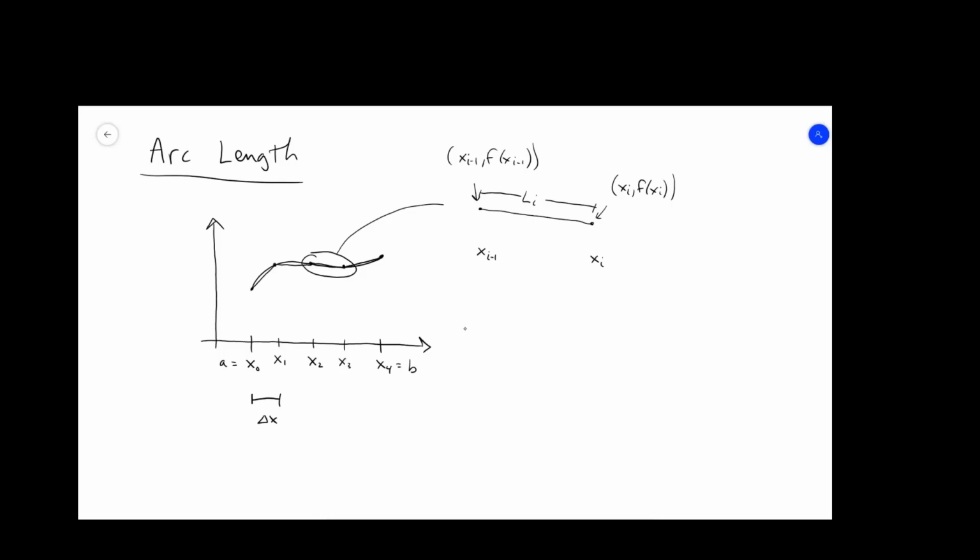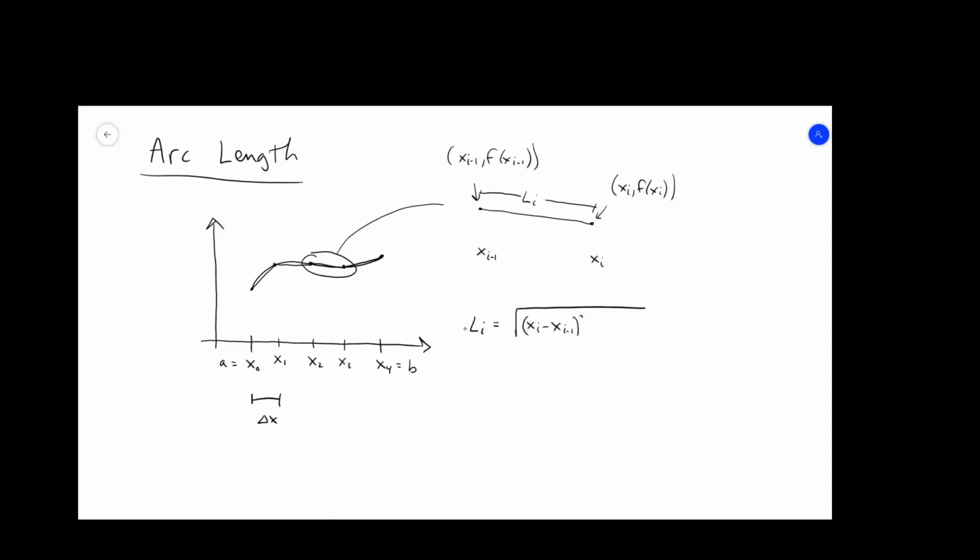So what is L sub i? The distance formula tells us it's got to be the square root. Remember what the distance formula says: x2 minus x1 squared plus y2 minus y1 squared. So what we'll have is x sub i minus x sub i minus 1 squared.